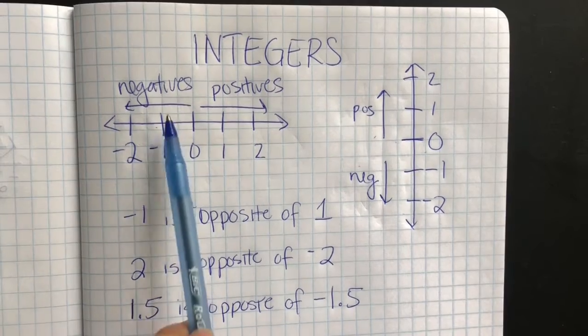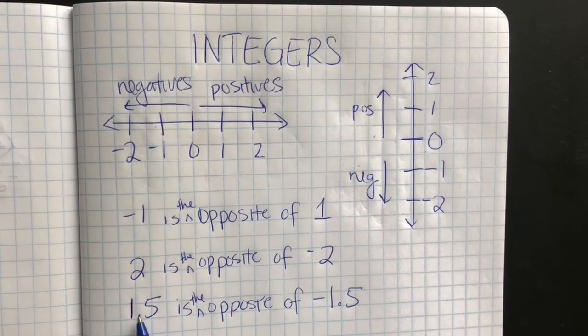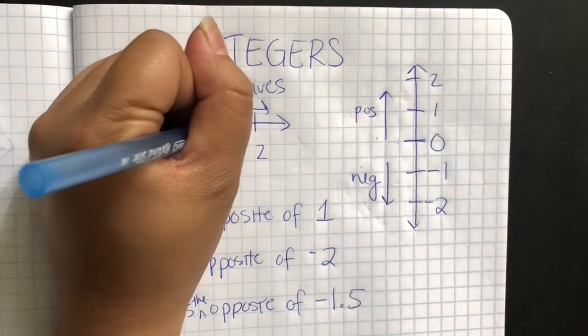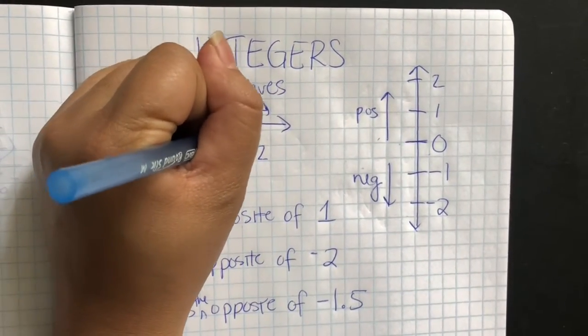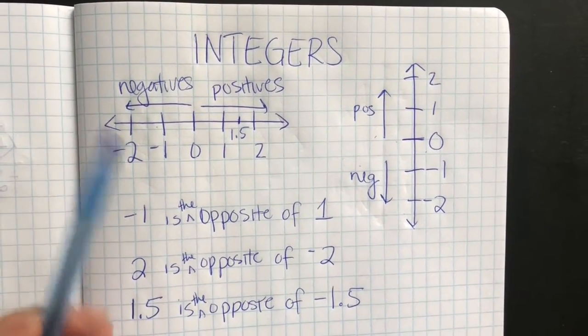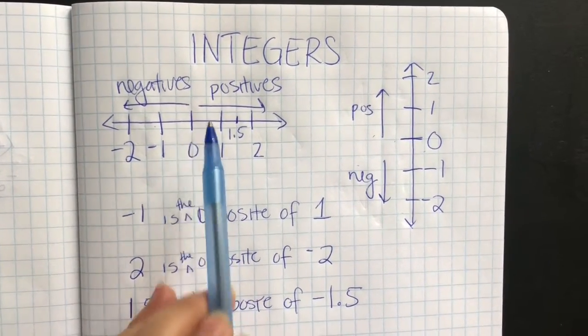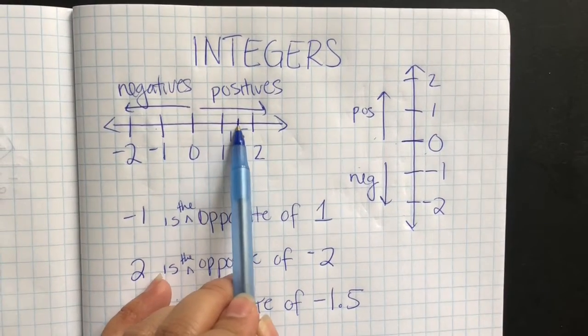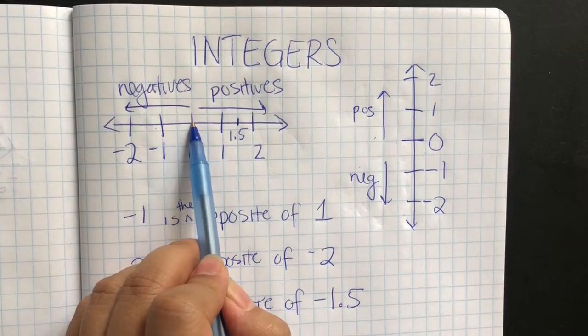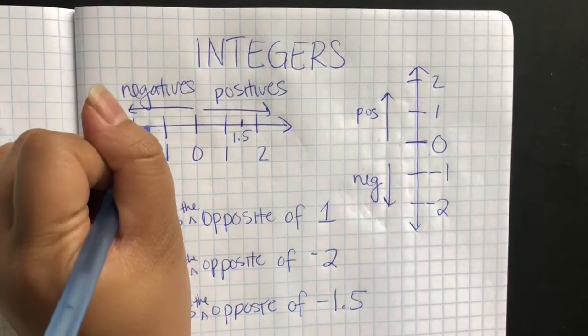We know 1.5 is between 1 and 2, so let's mark that over here. If we're saying that it's the opposite of -1.5, that means it's the same distance from 0. So 1.5 is 1.5 from 0 to the right. Therefore, the negative is the opposite, 1.5 to the left.